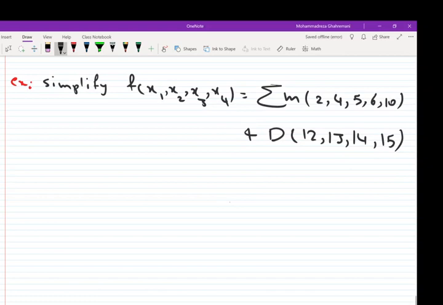Okay, so we want to simplify this function in two different methods. So we want to design the minimum cost sum of products and the minimum cost product of sums.